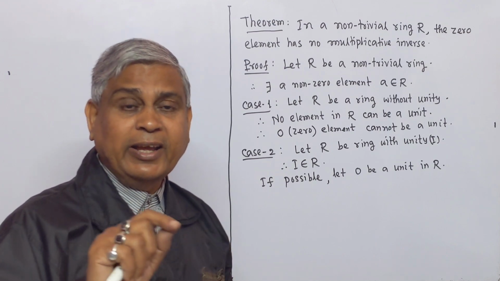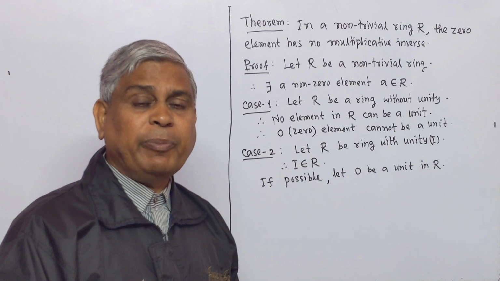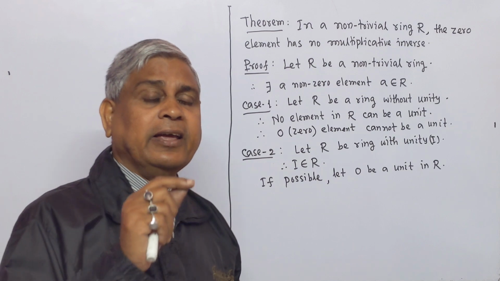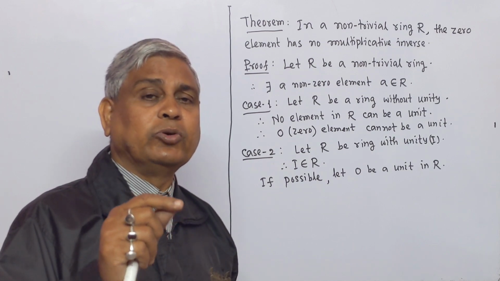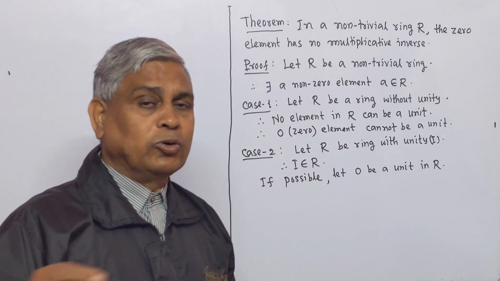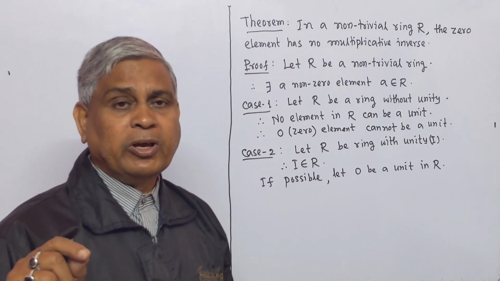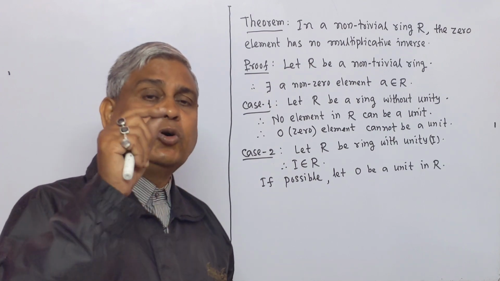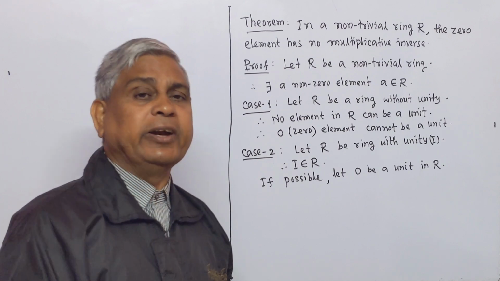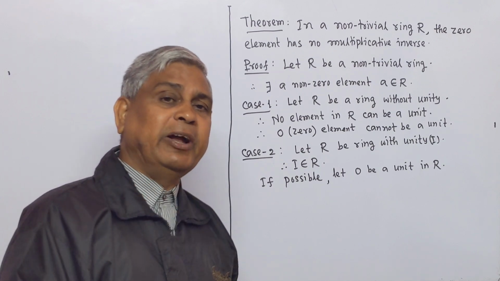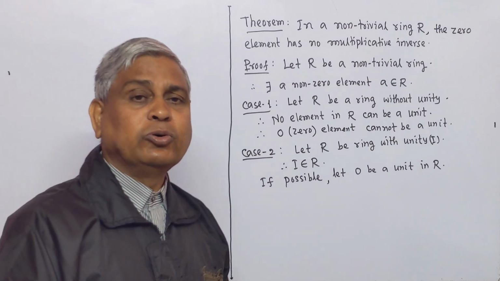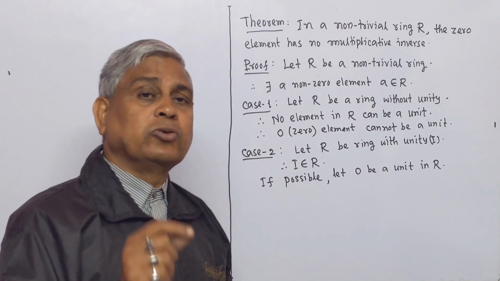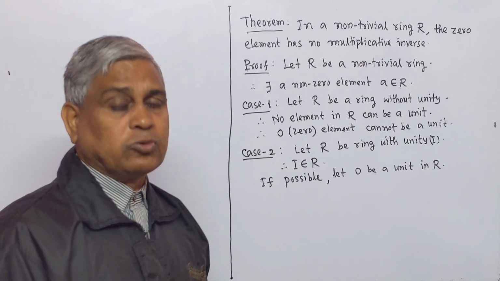But unity is not an element of R. So here we may not take that x multiply y equal to unity in R. So there is no question of existence of multiplicative inverse in this case. Therefore, no element will be unit. Since 0 is an element of this ring, so 0 is not a unit. Proved for case 1.